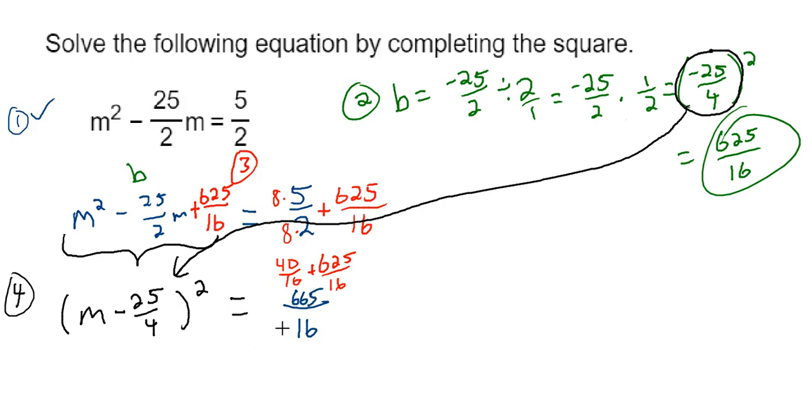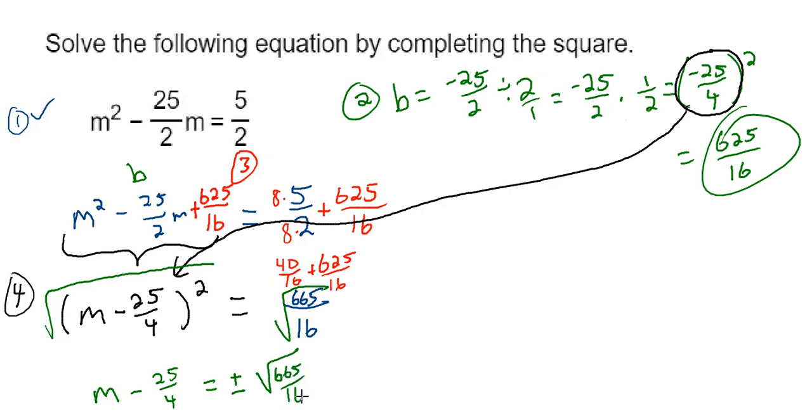All right, and so that's what that'll equal. And now we can solve this for m by first getting rid of the power of 2. So I'm going to take the square root of both sides of the equation. So we'll get m minus 25 over 4 equals plus or minus the square root of 665 over 16.